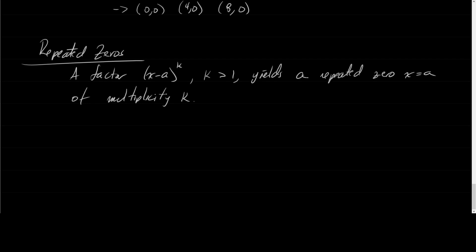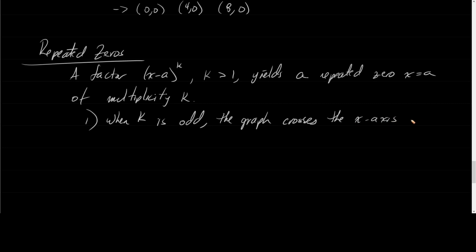Now, depending on the multiplicity, we can say a few things. When k is odd, the graph crosses the x-axis at x equals a.